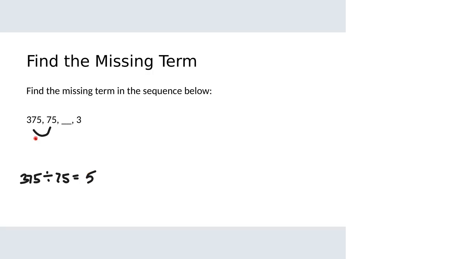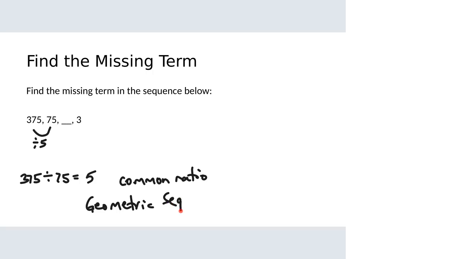Okay, so if we divide by 5 here, that's what gets me from 375 to 75. So I had to do a little work here to find my common ratio and to find out that this is indeed a geometric sequence.